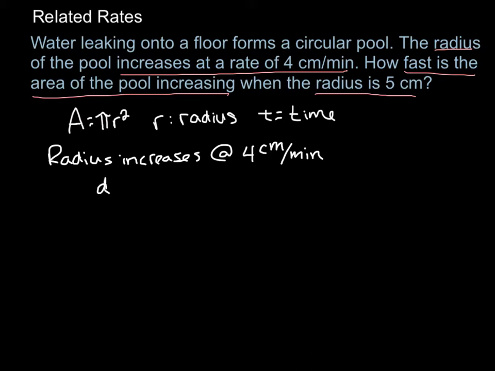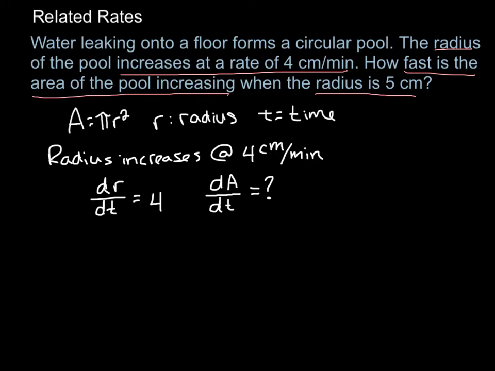So the derivative of the radius with respect to time is equal to 4 centimeters per minute. So that's the rate over time at which the radius is increasing. And we're trying to find how fast the area of the pool is increasing. So we're trying to find the derivative, the change in the area with respect to time of this pool.